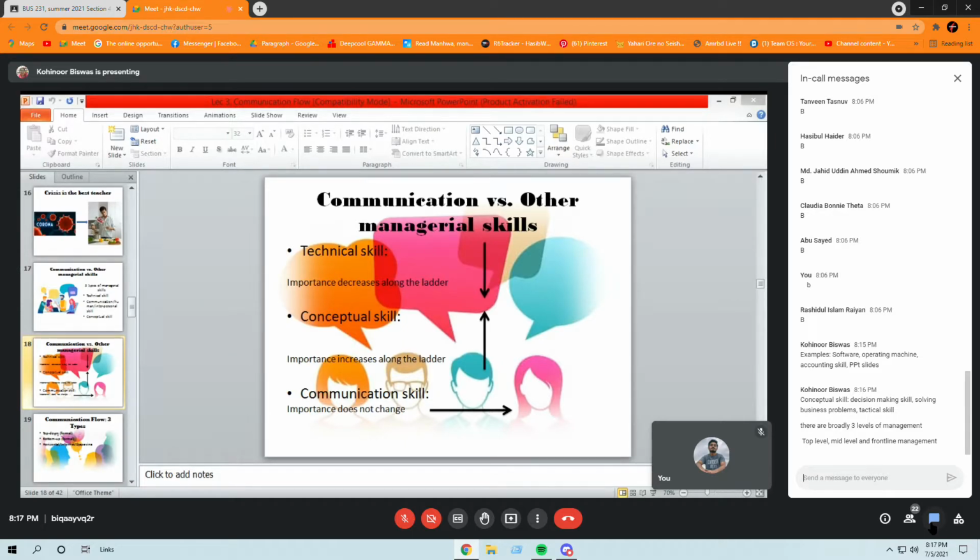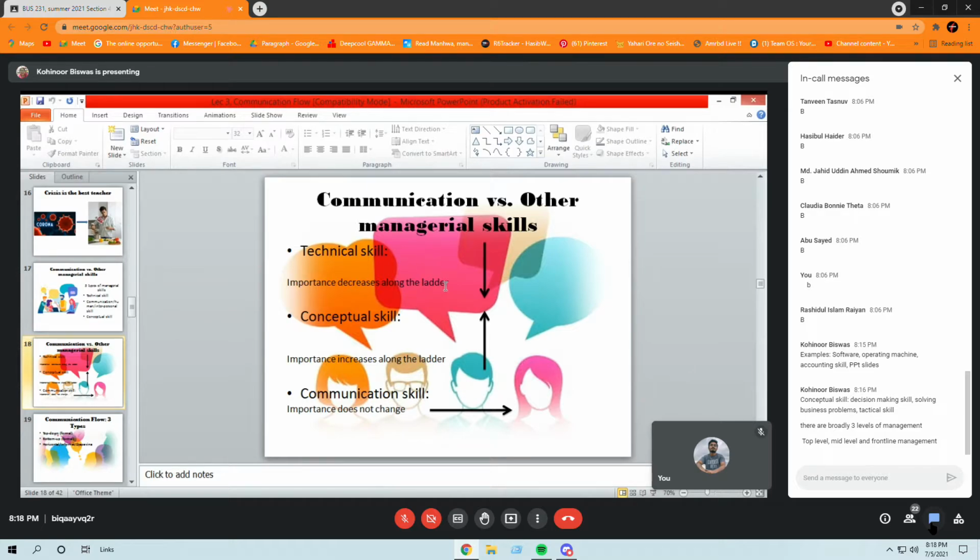Now what is this slide about? Going down, going up, and going horizontally. The importance of technical skill decreases along the ladder. That means when you move up, say you become a mid manager, then a senior manager, then CEO, your technical skill will be used less and less. Why is it so?